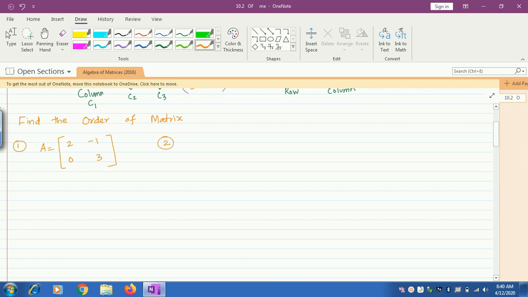The second, matrix A is given by 2, 1, 3, minus 1, 4 and 5. And the third one, matrix B is equal to minus 1, 3, 0, 5, 6, 7. Now I just have to know the order. What is the order of these matrices?